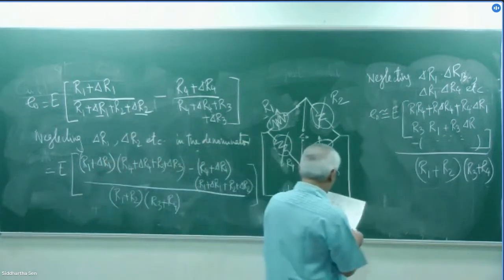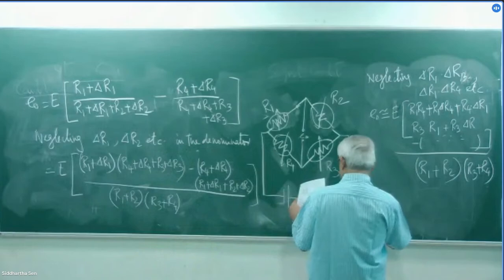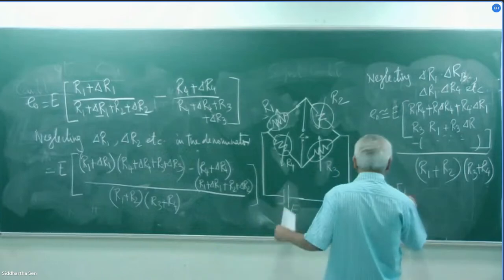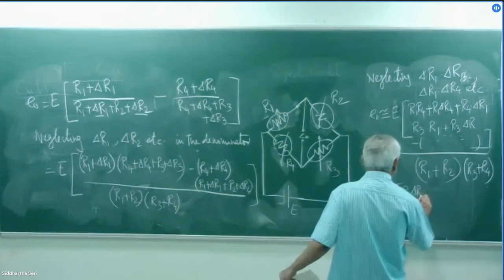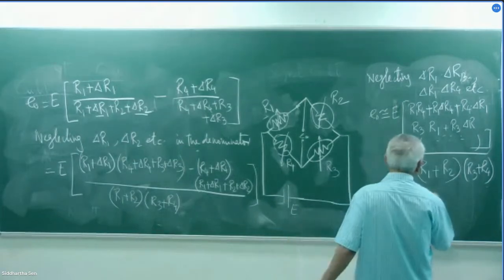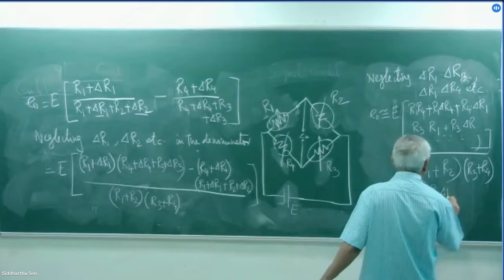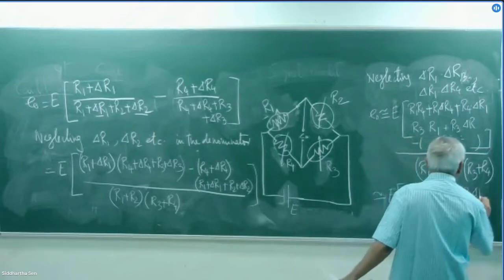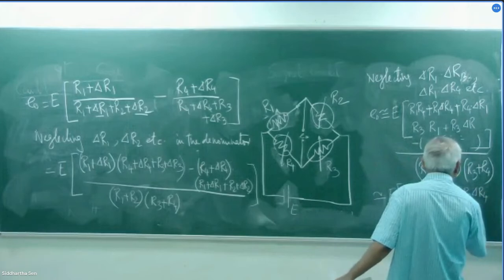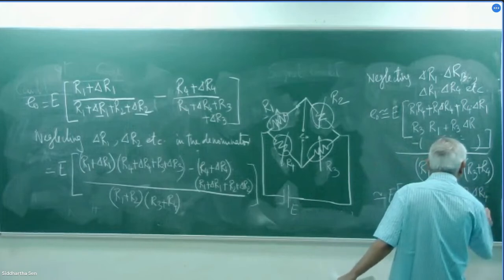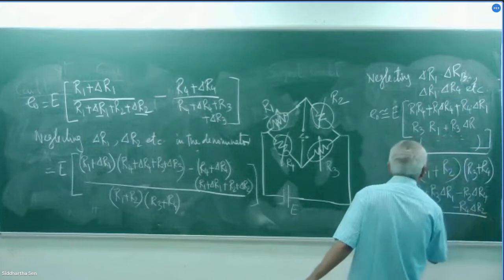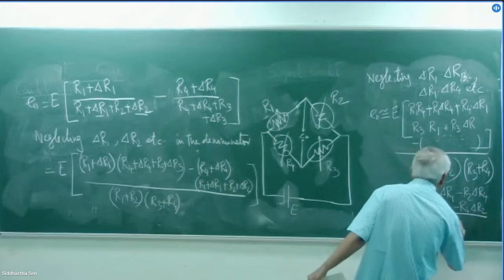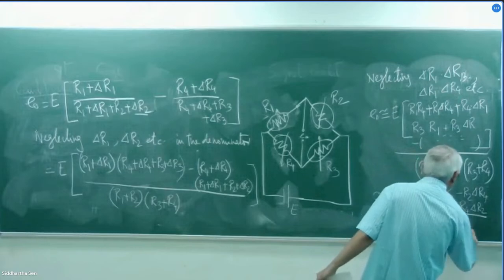So we can simplify it and write it is equal to E into R1 delta R3 plus R3 delta R1 minus R2 delta R4 minus R4 delta R2, divided by R1 plus R2 into R3 plus R4.